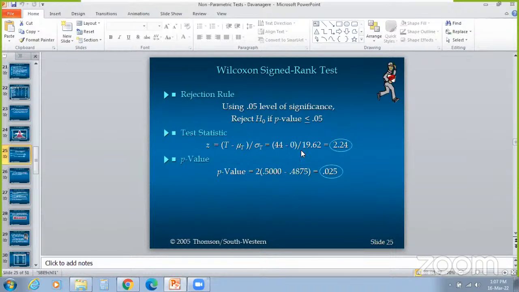That's why 44 minus 0 divided by the standard deviation 19.62. 44 divided by 19.62 is 2.24, and the probability value is 0.25. Of course, 2.24 is greater than 1.96, the critical value in the Z table. Hence, we can reject the null hypothesis of no difference in the hours taken by these two services.